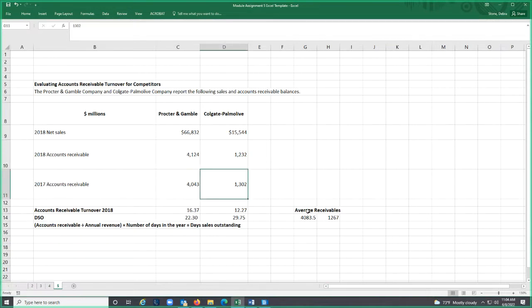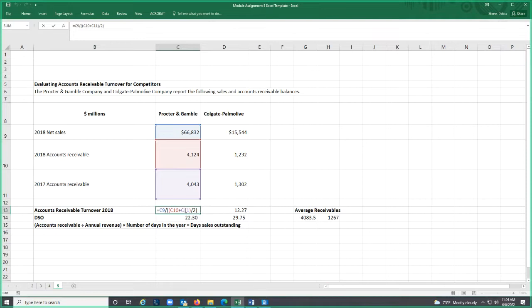Now the first thing we're going to need to do in this problem, I just want you to know that we do need to take for some of the problems an average accounts receivable. You notice we have these 2 years. So I'm going to click on this, and it's going to show you that I'm just adding these 2 together for 17 and 18 and dividing by 2 to get an average. And then that's for the next company. Now if we go over to here, we're taking the accounts receivable turnover 2018.